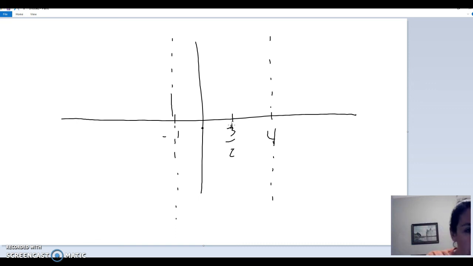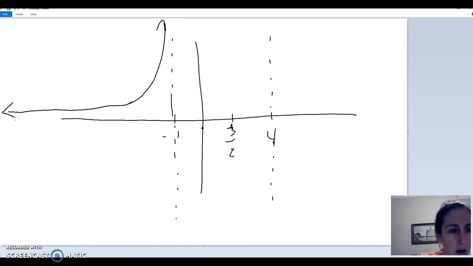We know that we're going to shoot off to positive infinity here, based on that limit, and shoot here to that horizontal asymptote there. And notice that function is increasing, and I did draw it so that it was concave up. So what's going to happen here?